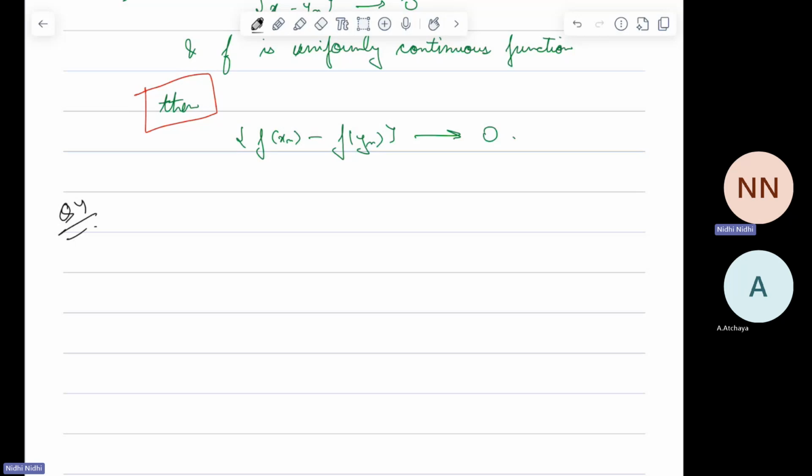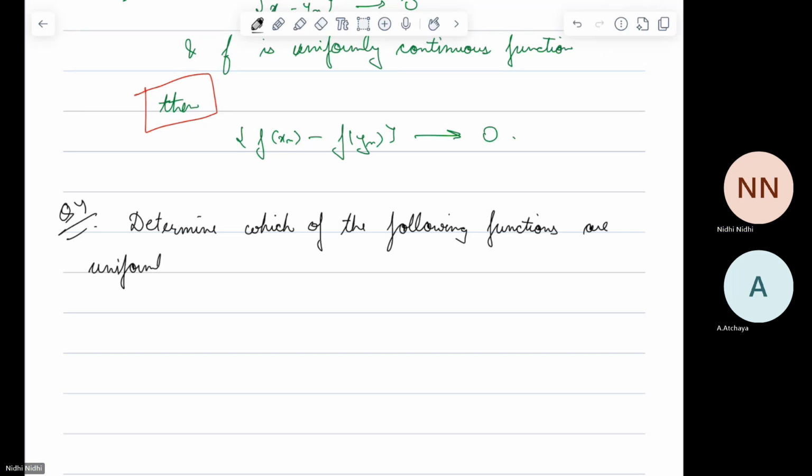Determine which of the following functions are uniformly continuous in the interval mentioned.